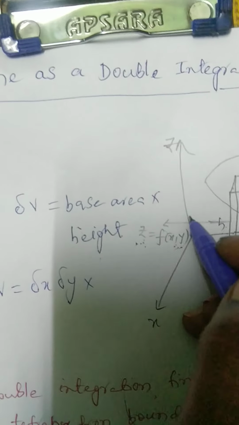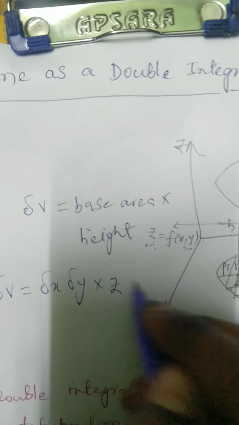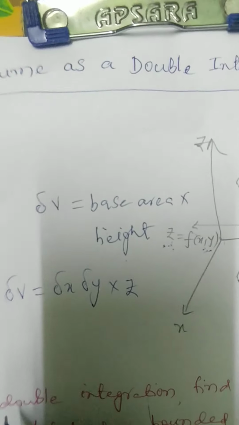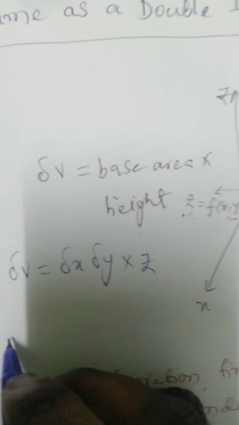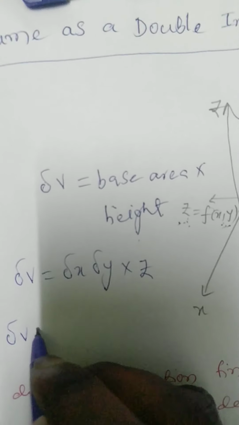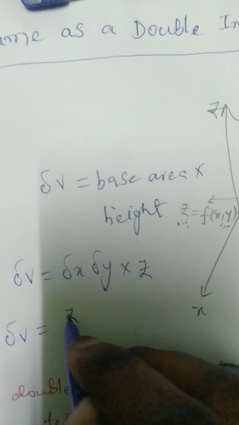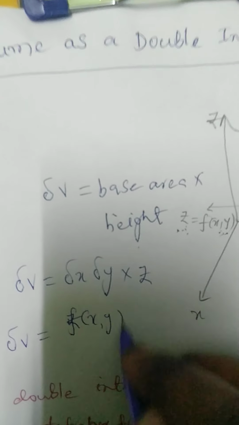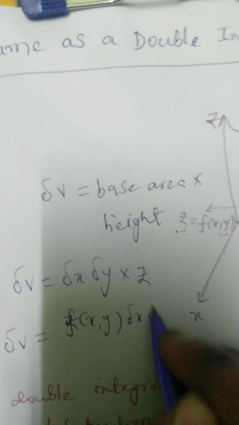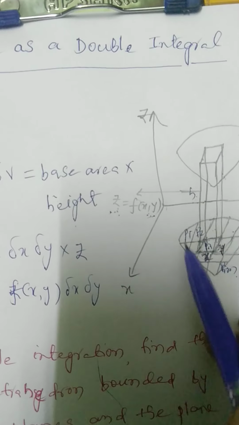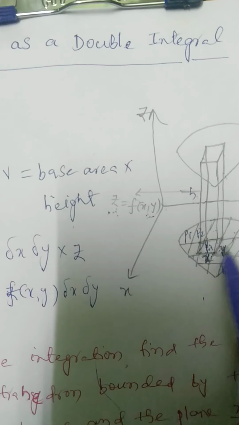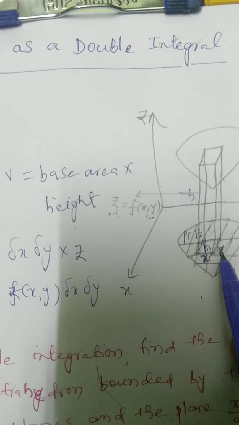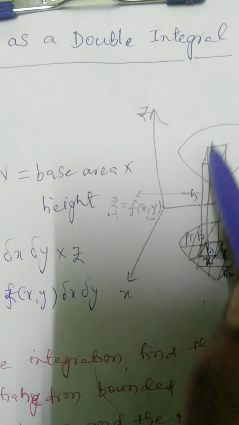Height is nothing but your z, or we can write f of x comma y. So delta V equals f of x comma y into delta x into delta y. This is the volume of one elementary rectangular parallelepiped.